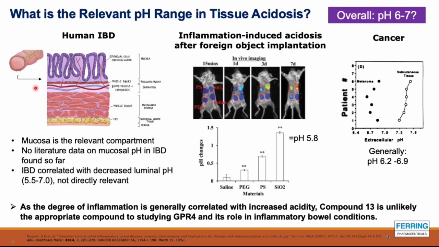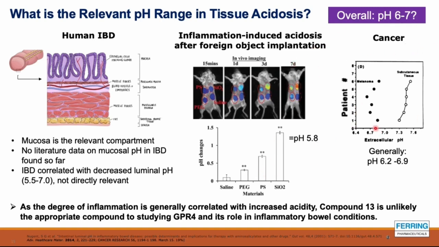Since GPR4 is expressed in endothelial cells, the relevant compartment is likely the mucosa, in which it's very difficult to measure exact pH. There are pH probes that have been used in both cancer and inflammation that suggest that the pH can get as low as 5.8 or 6.